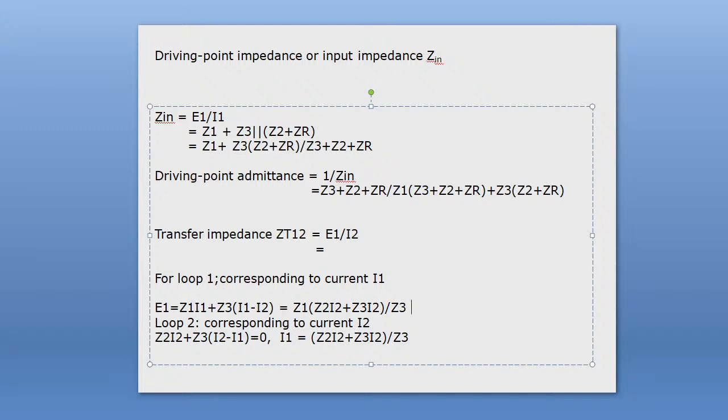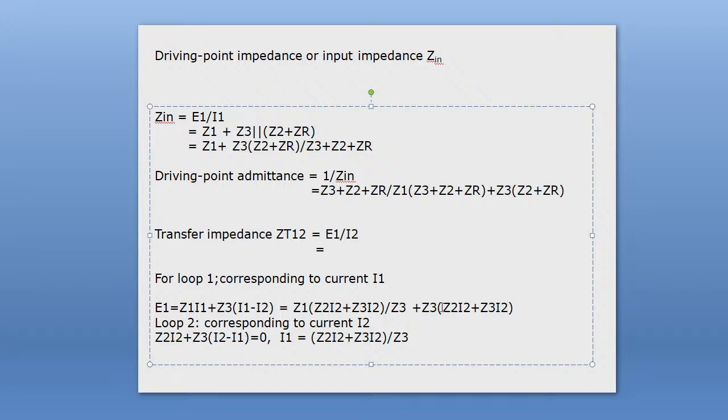Z3. Okay, plus Z3 into Z2 I2 plus Z3 I2.